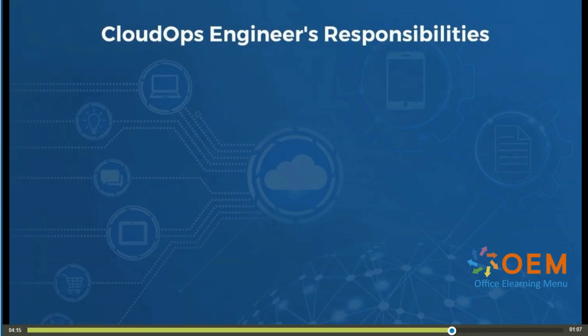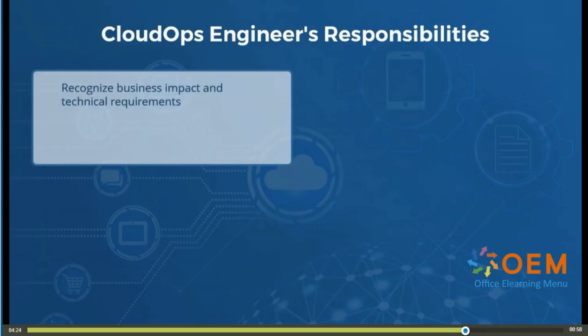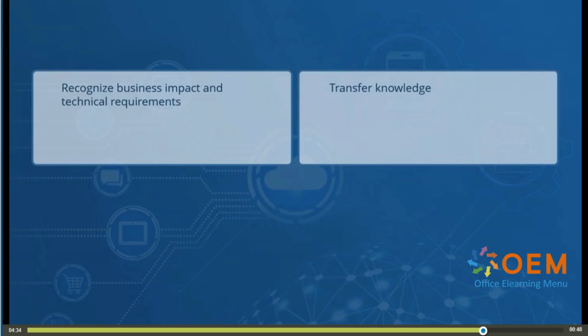After identifying what needs to be managed, let's try to understand what the responsibility of a CloudOps engineer is. First is to recognize all the essential business impact and technical requirements in order to set up CloudOps principles. We need to also focus on transfer of knowledge in order to build a collaborative team with a unified goal.